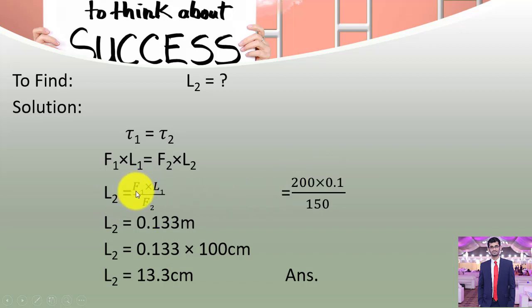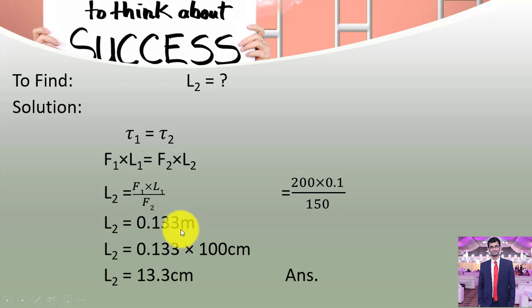Putting the values of F1, L1 and F2 in this equation, we get 200 multiplied by 0.1 divided by 150, that is the second force. We get L2 is equal to 0.133 meter.